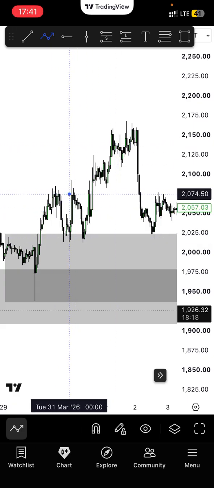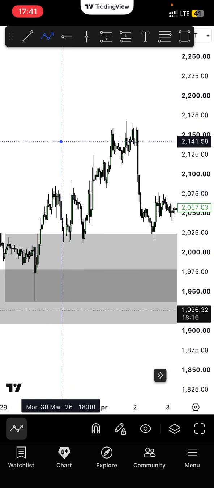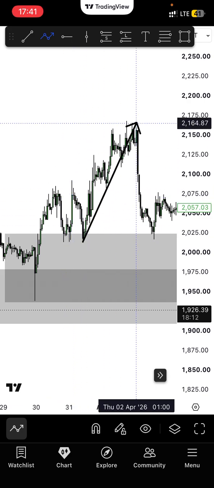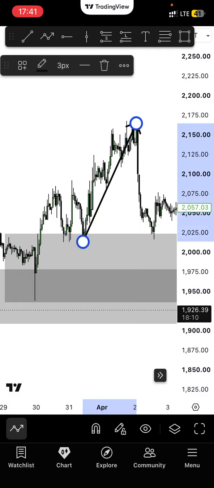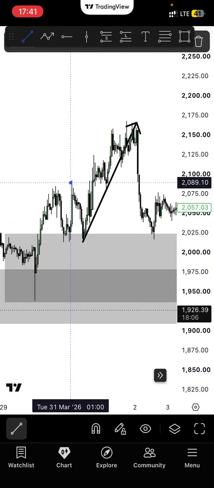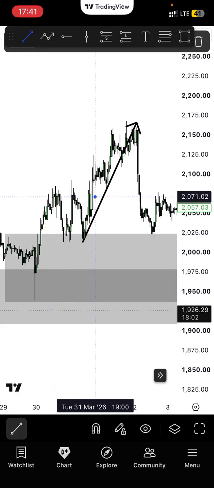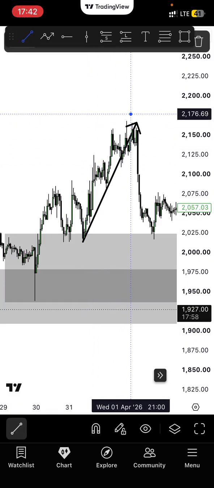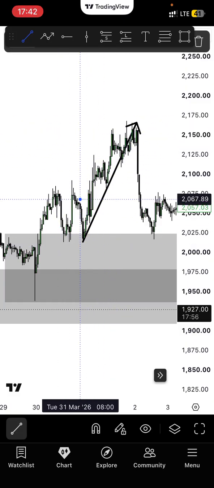Price was not breaking any of these highs, but immediately this leg took out all of these highs. Broke this high. I know I'm just drawing one long line, but you know how price moves, higher highs and higher lows and the rest, but I hope you get the concept.